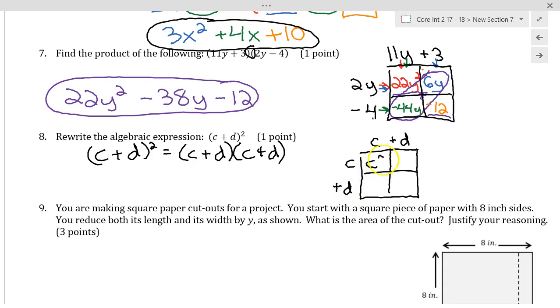C times c is c squared. C times d is cd. D times c is still cd, because I always write my letters in alphabetical order. D times d is then d squared.